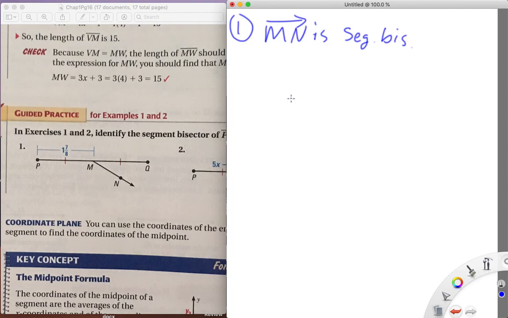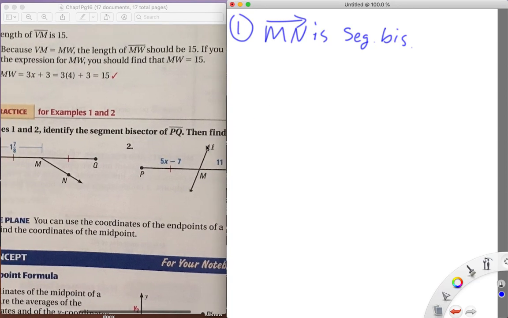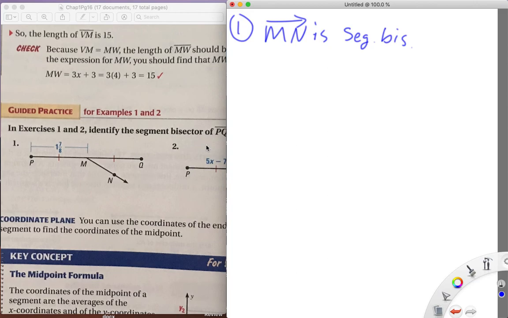Now they want me to find the distance of the whole line segment PQ. I know that segment PM is equal to segment MQ.